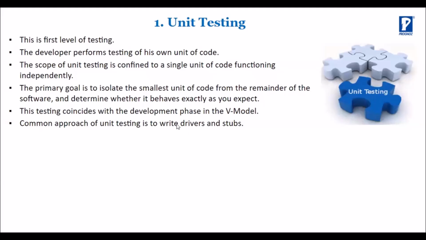You can understand those things. This, what is a driver, what is a stub? We can consider that in the integration approaches. Till that time, you can remember that for unit testing, we can write these drivers and stubs and we can test it. Alternative arrangement. So this is a small piece of code we can write and test it, basically. Okay?